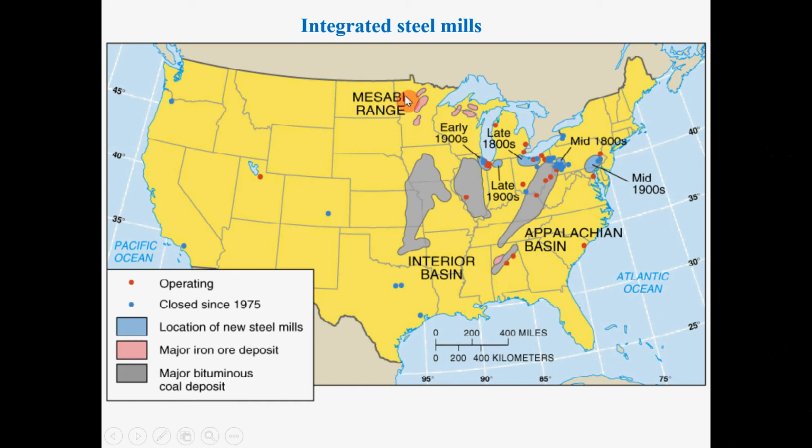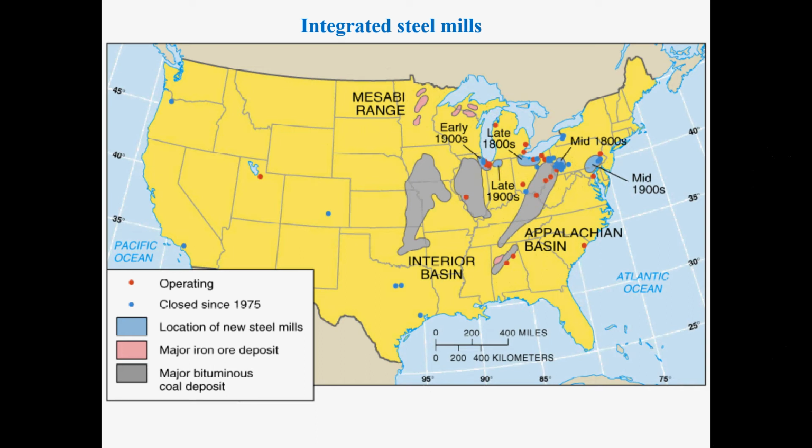We know in Minnesota, in the Mesabi range, they have high quality iron ore. To take advantage of the availability of iron ore, you can build steel facilities by the Great Lakes, then use vessels to ship the iron ore through the Great Lakes to those integrated steel mills.